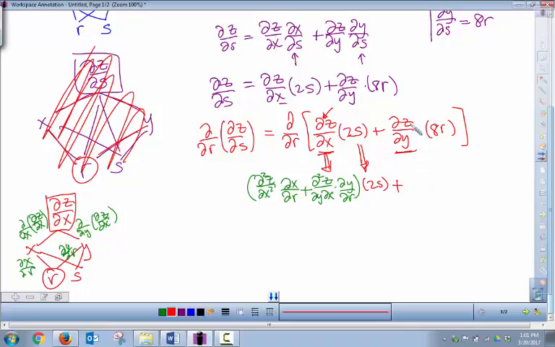Now the next one, dz/dy, is also going to have something similar here.